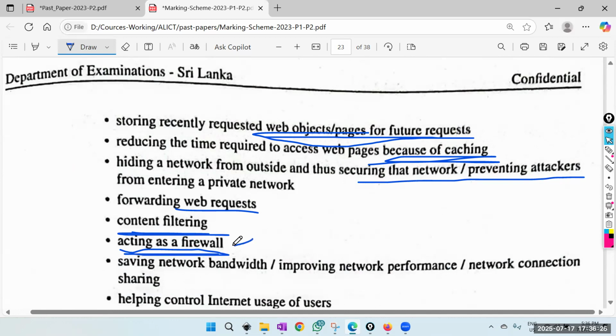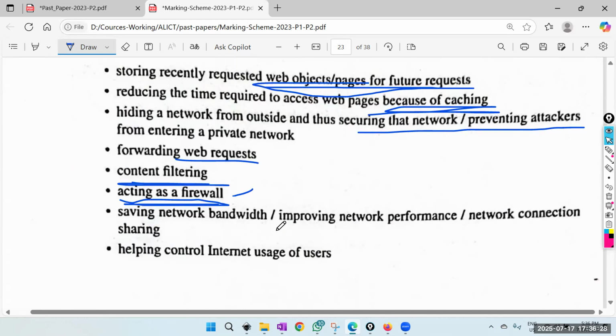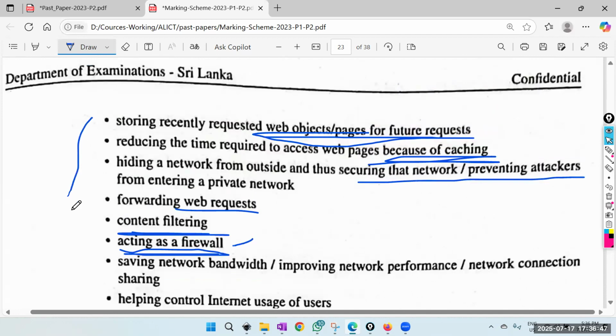Also helping control internet usage, blocking your internal users from going to unnecessary or not relevant sites, not relevant servers. So this is the examiner's favorite question.